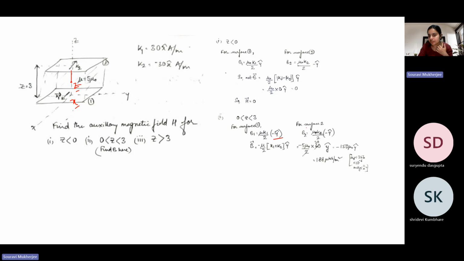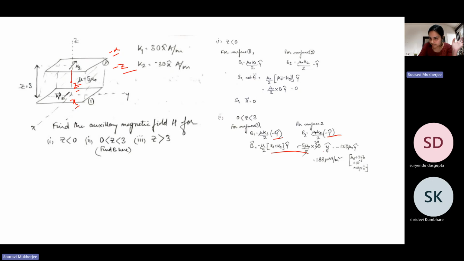What happens for the second surface? For the second surface, you are still below, so your r vector will be minus z. The direction of your current is minus x. So the cross product is minus x cross minus z, which is nothing but minus y. So the two fields are in the same direction, and they get added up.